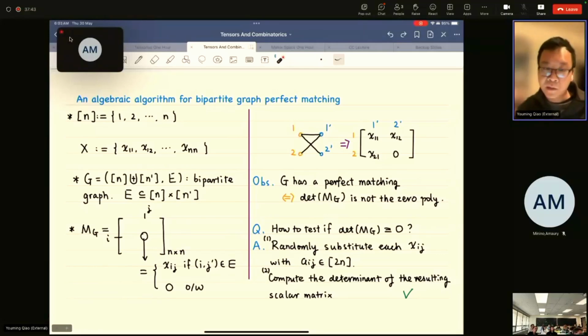In this case, it turns out if you substitute each variable xij with some value aij, where aij is randomly sampled from the range from 1 up to 2n, then after substituting, the resulting matrix will not be a matrix of variables. It will be a matrix of numbers. Sorry, it should be scalars.